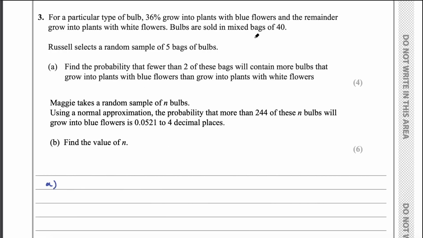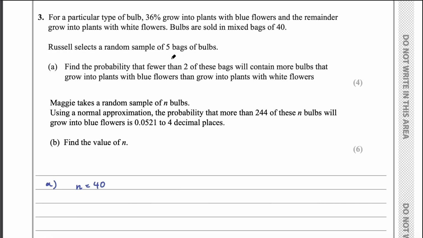Bulbs are sold in mixed bags of 40, so one bag will be 40 bulbs. So we can say initially our sample size is 40. Let's think about what sort of experiment this is. We have 2 outcomes: the bulb can grow into a blue flower or a white flower. So this is going to be a binomial experiment.